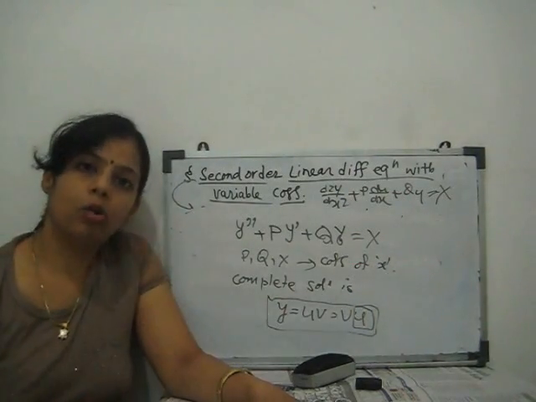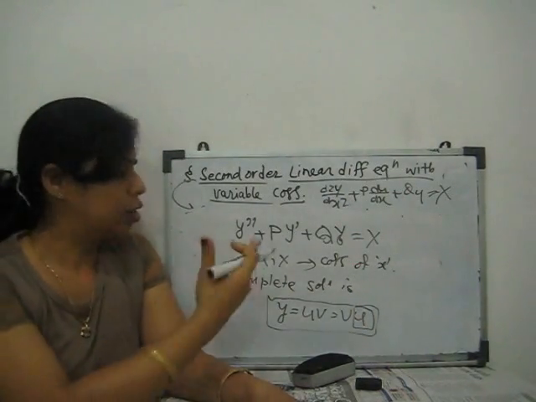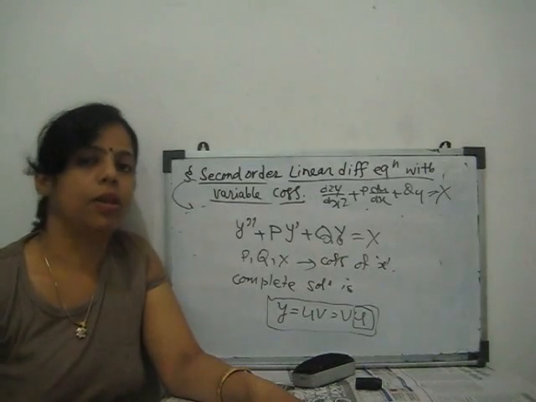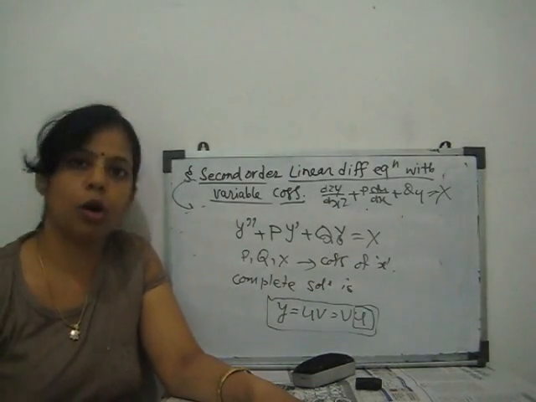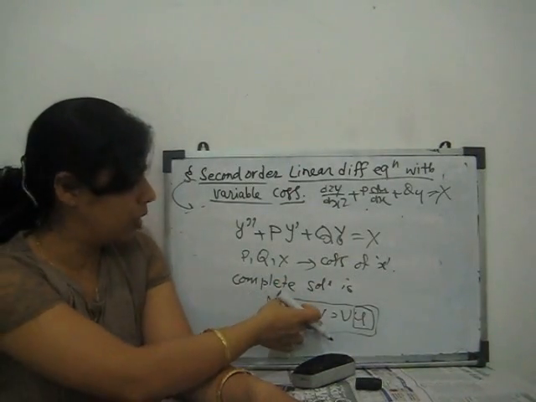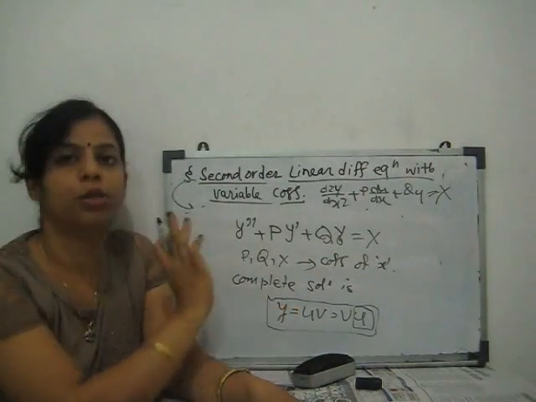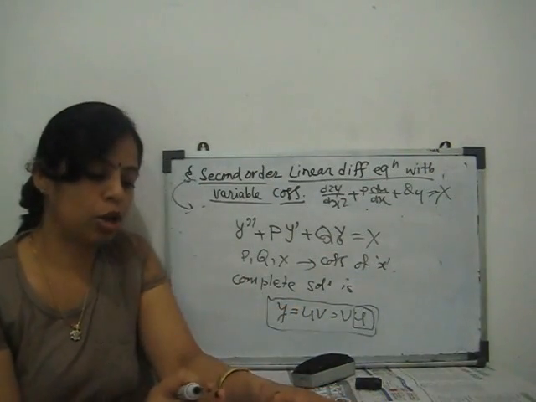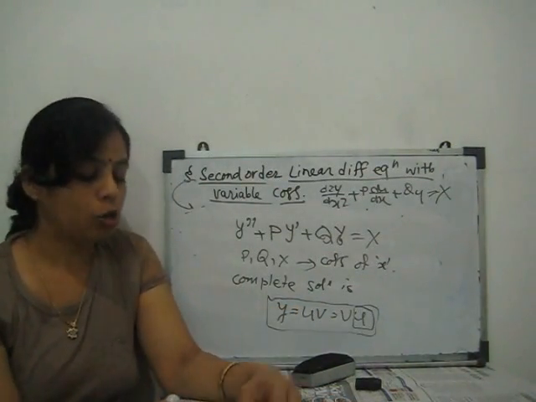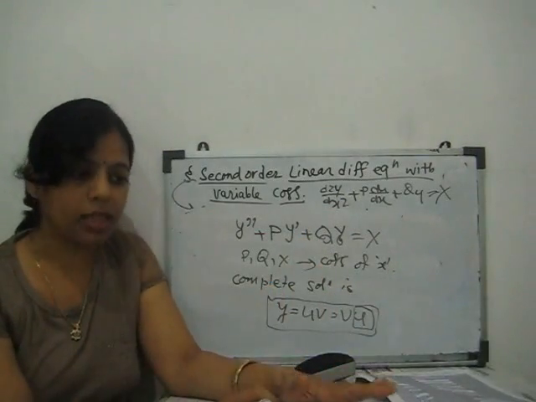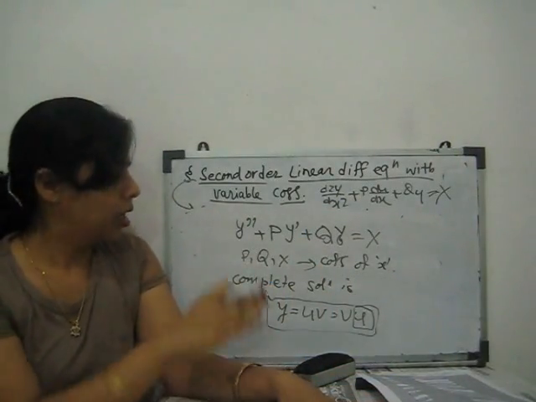If we can find this u, then we can solve the complete equation, and at the end we can find v also. When we substitute u and v values here, we will get the complete solution, where the complete solution is uv. So what is the method for finding this u?